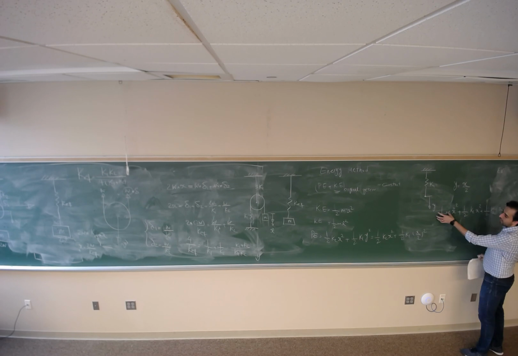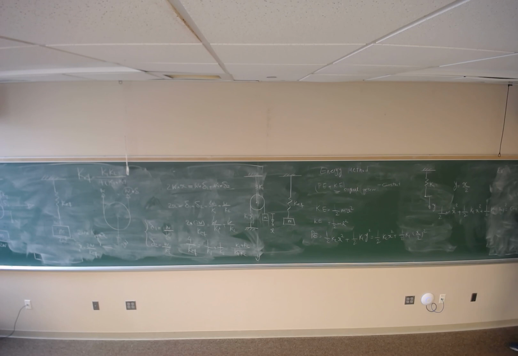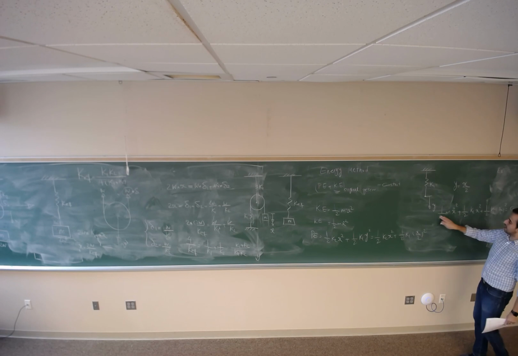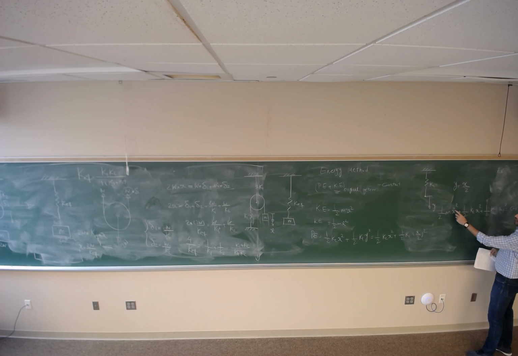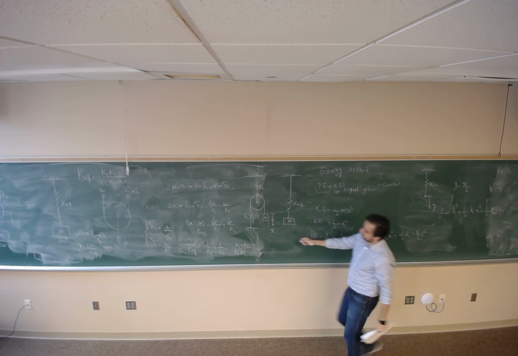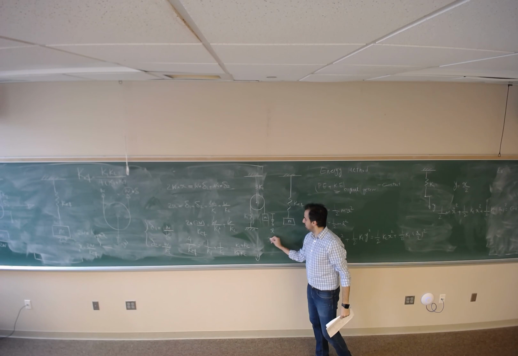Half of m is constant, but this is varying with time. So 2 times this times x dot times the derivative of x dot with respect to time. The derivative of velocity is going to be acceleration.